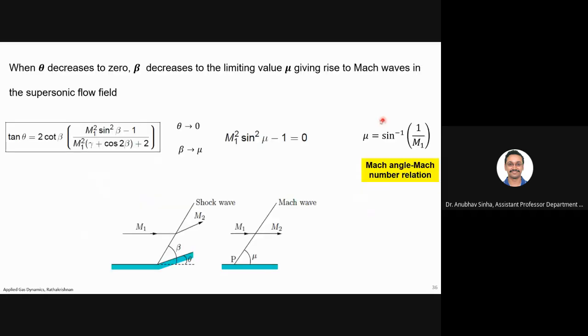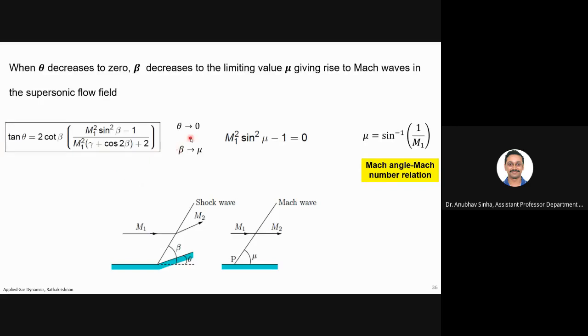Now for such a flow, if your theta decreases, suppose you have a very small angle, and in the limit we take theta to 0, what about beta? Will beta also go to 0? No. Beta will go to a limiting value of mu, and what we studied previously, mu denotes the Mach waves. So this is the relation we had.